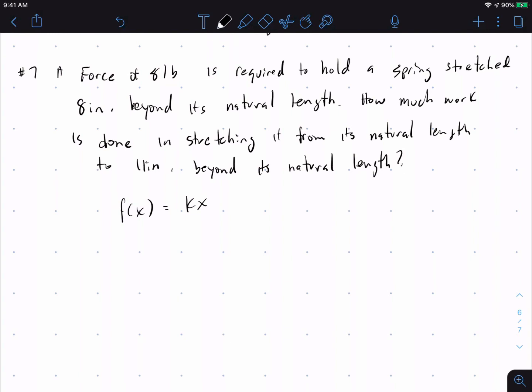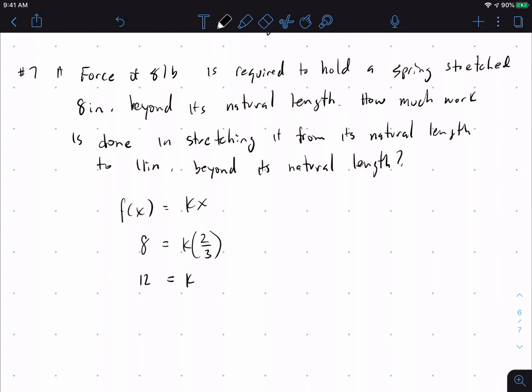So the stretch here would be 2/3 times k would be equal to the force that's needed, and the force that's needed in this problem is 8, correct? Yes. So then our k is going to be 24 divided by 2, which is 12. Do you guys agree?